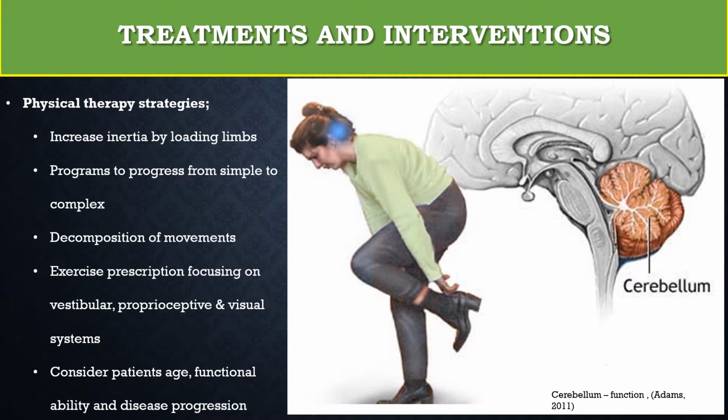Accordingly, exercise programs should progress from simple to complex to compensate for these underlying deficits and disease progression. To achieve this, the encouragement of breaking down of movements into single joint movements is recommended as it helps facilitate sensory motor integration by increasing proprioceptive feedback, thereby improving fine-tuning and execution of movement.